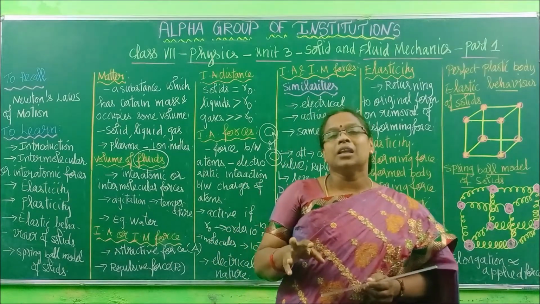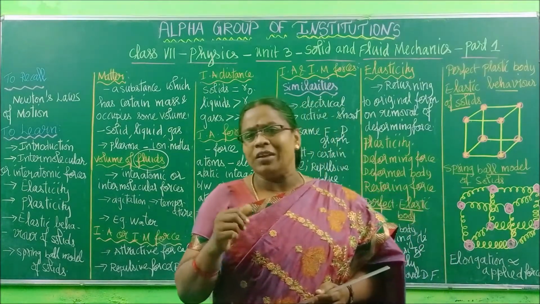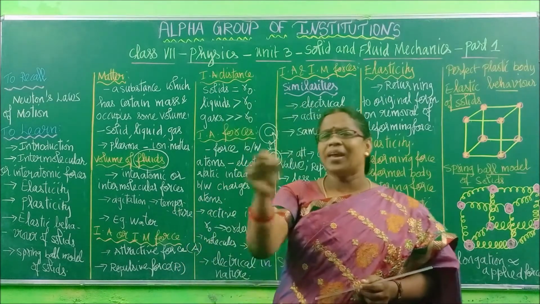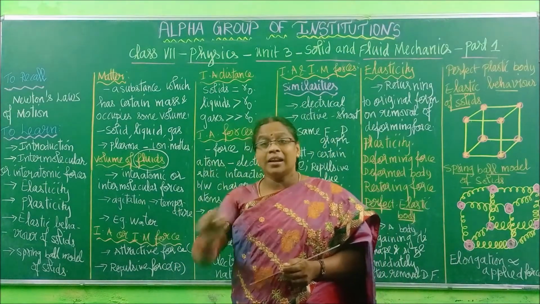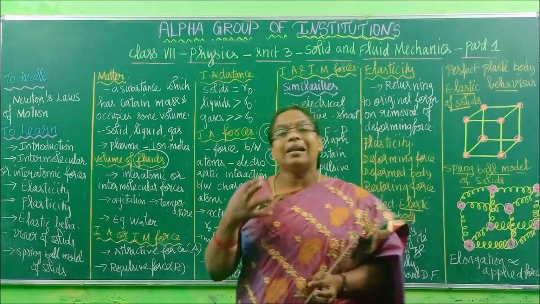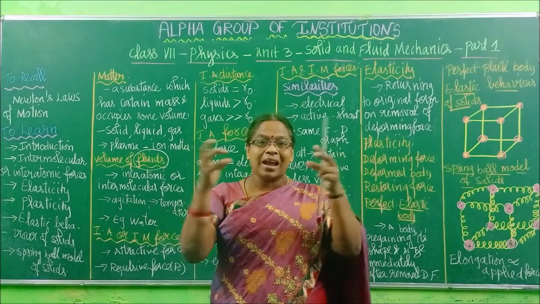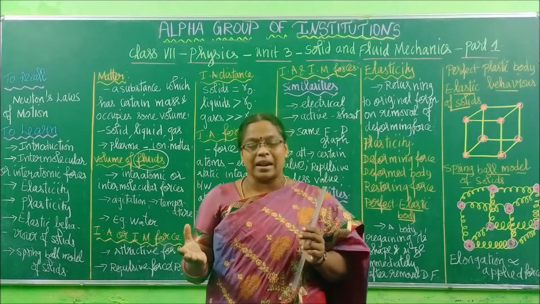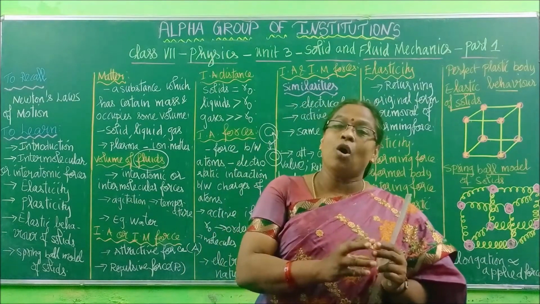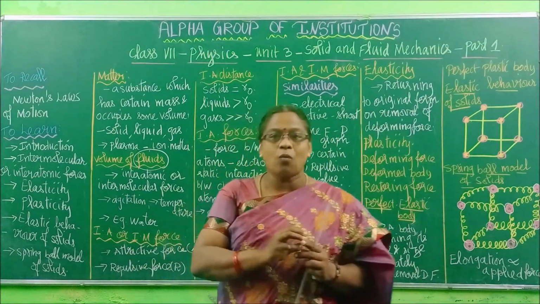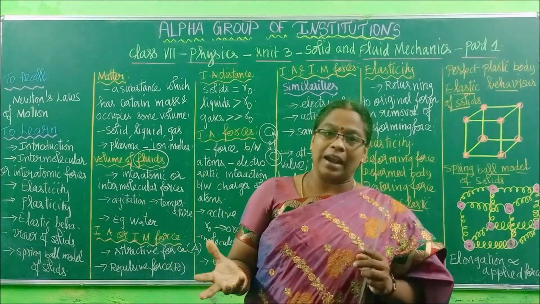Attractive force is nothing but, are you following the video along with the textbook and pencil in your hand? Wherever I am crossing, just underline that in your book. Attractive force and repulsive force. Attractive force is the force of attraction between the nucleus of one atom with the nucleus of another atom, or atom of one substance with the atom of another substance, or electron of one atom to the electron of another atom.